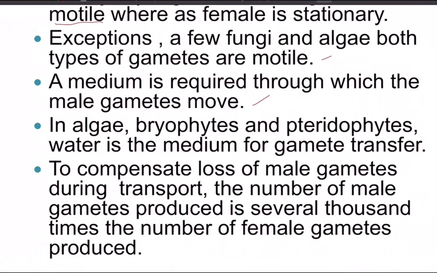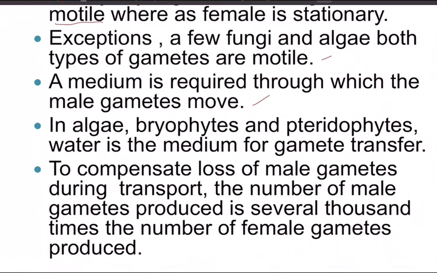To compensate for the loss of male gametes during transport, because there will be environmental factors like salinity, heat, dryness of the climate, loss of moisture, and of course a toxic environment, all of which come in the way of the journey of the male gamete, the majority of the male gametes will die.